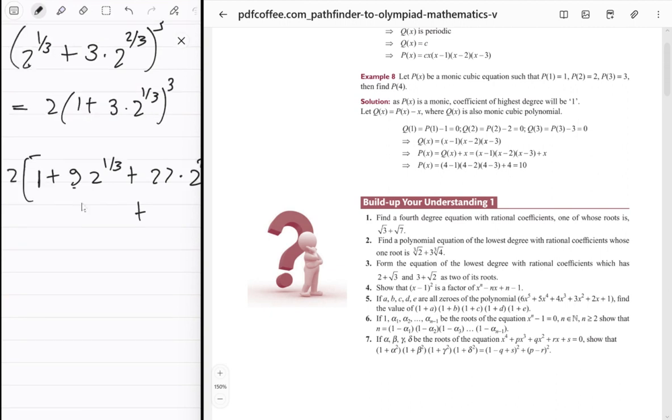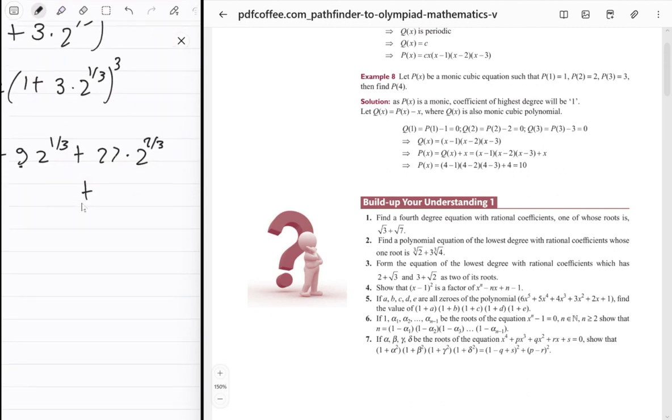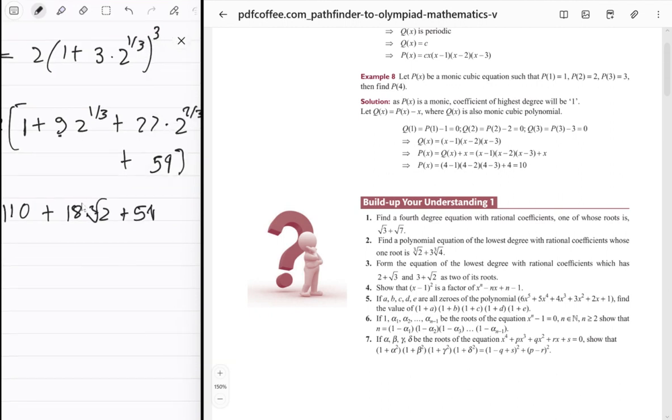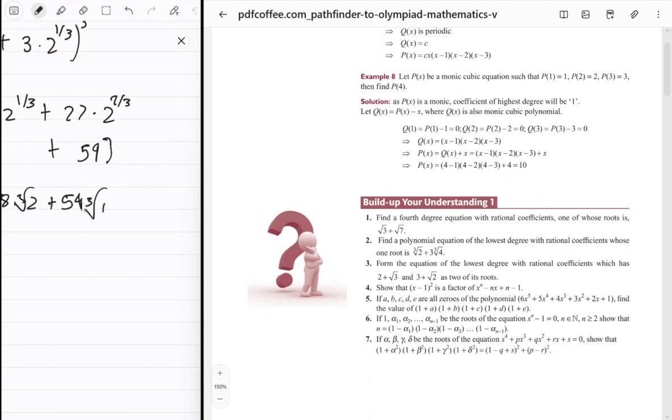Wow, unexpected, but fine. Cube of that is 27 times 2, which is 54. So 55 times 2 is 110, as we expected. Then you get 18 cube root of 2 and 54 cube root of 4. Exactly, that's what we got.